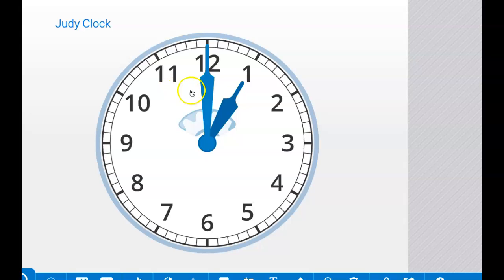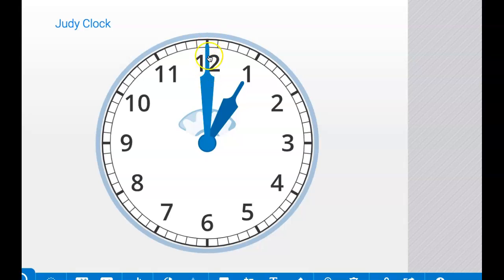So let's count by fives to see what time our clock now reads. Remember, when we're looking at the 12, we've counted 0 minutes. We're always at 0 minutes. So the time reads 1 o'clock. Let's count how many minutes we've traveled to the 11.